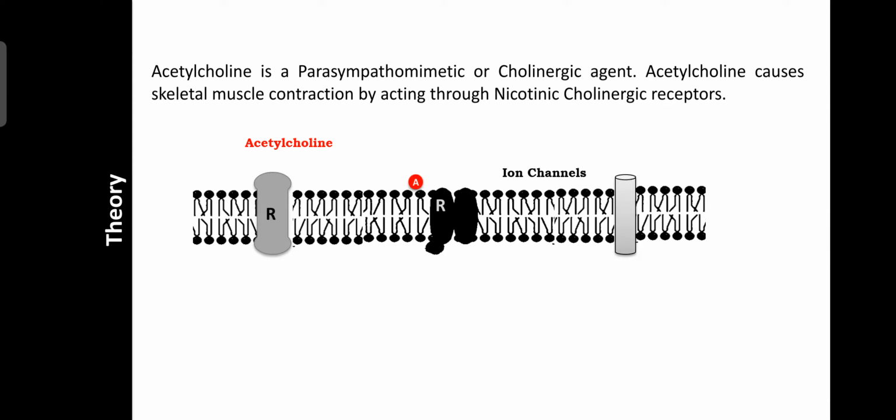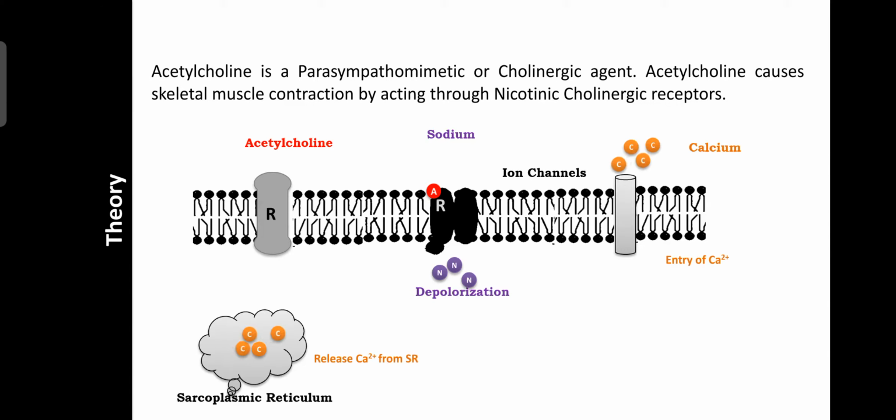So acetylcholine acts on the receptor and opens sodium channels. Then sodium ions enter from the extracellular fluid into the intracellular fluid and cause depolarization due to accumulation of sodium.